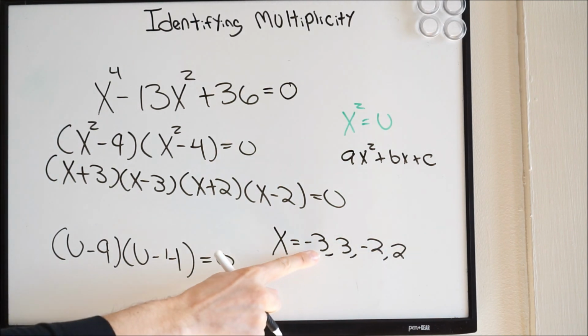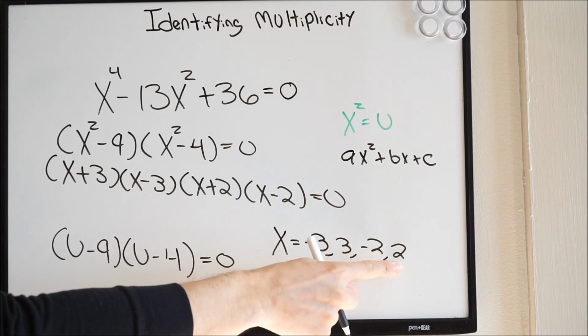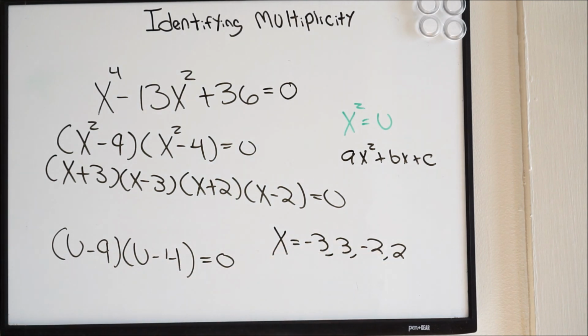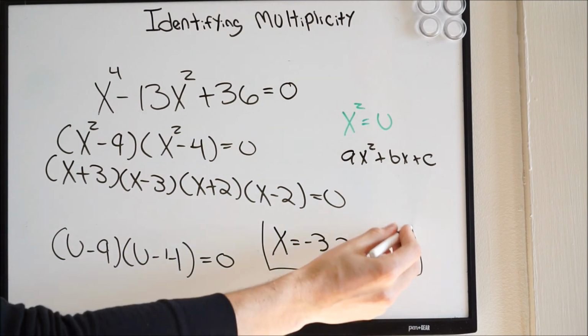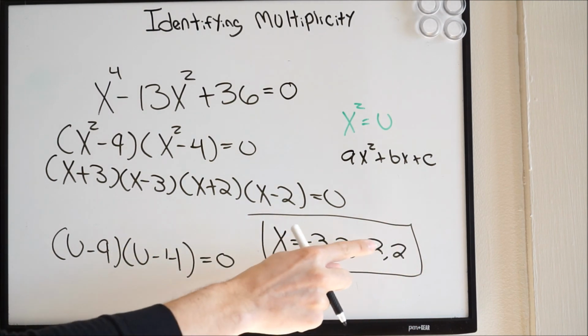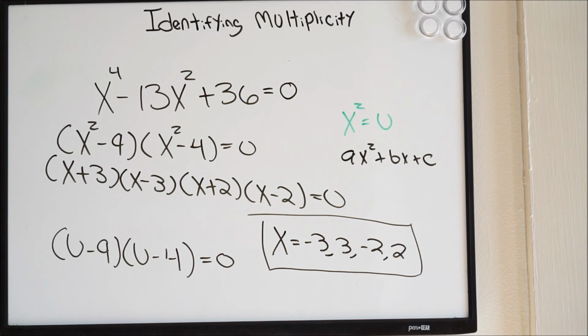And these are all going to have a multiplicity of 1, again because they're only occurring one time. Alright, so this would be your final answer. And again, these all have a multiplicity of 1. Alright, and that is how you identify the multiplicity of a function.